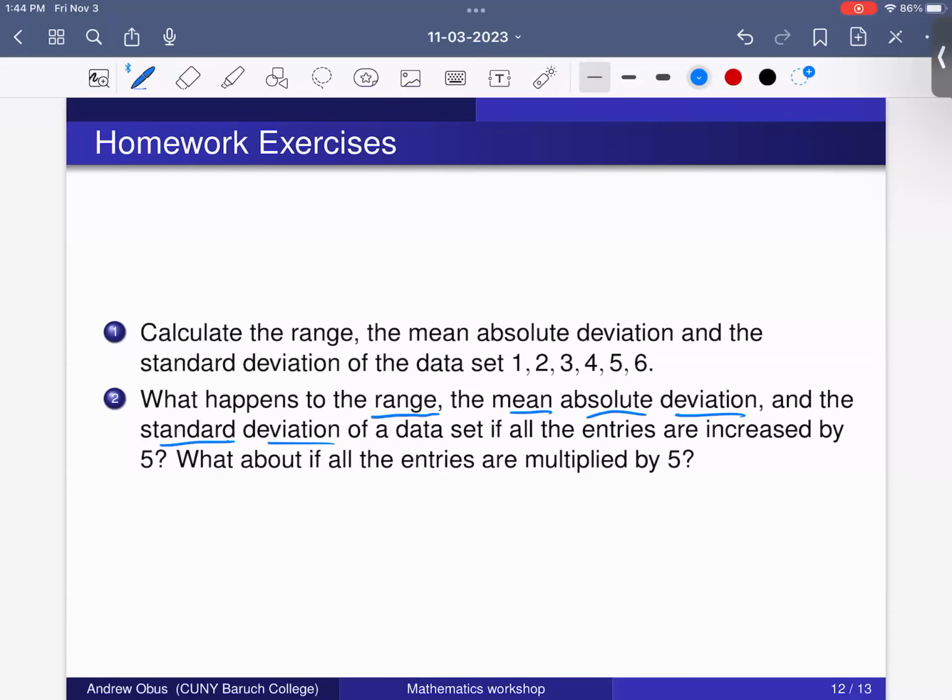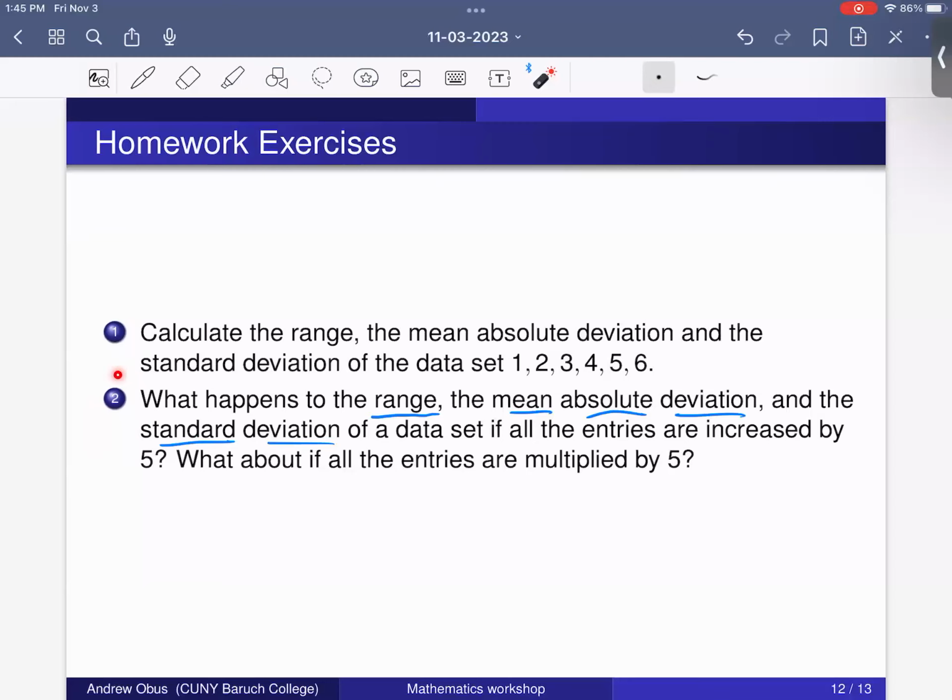I'm asking you for a general rule that will apply to all possible data sets. If I have any data set and I multiply all of the entries by 5, can you tell me what will happen to the standard deviation? What will happen to the mean absolute deviation and the range? This is a bit of a challenge. It's a good thing to think about.